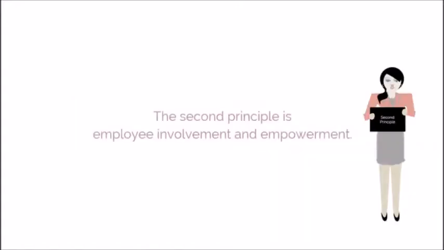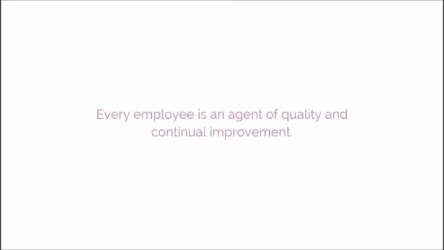Total quality management requires the high-level dedication of management and human resources to adopt a continuous improvement approach with the intent to attain effectiveness in organizational performance. The second principle is employee involvement and empowerment. In TQM, every employee is an agent of quality and continual improvement.